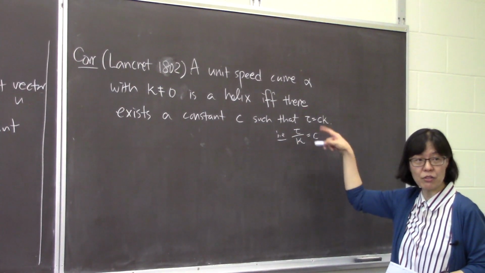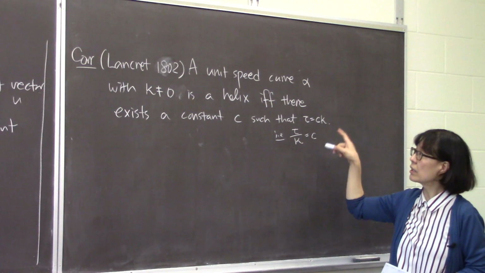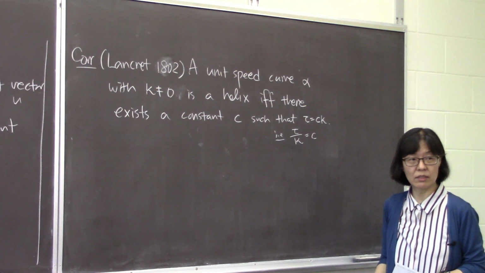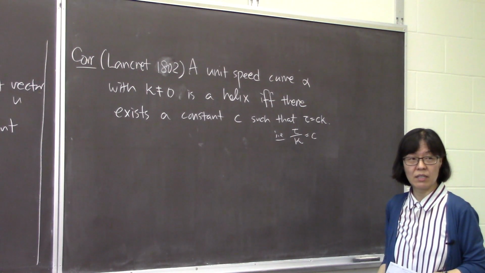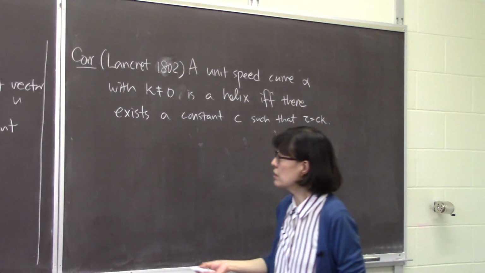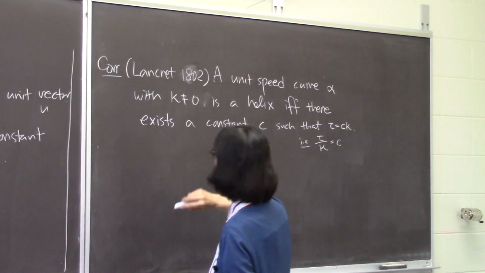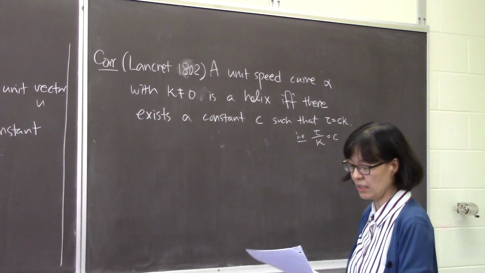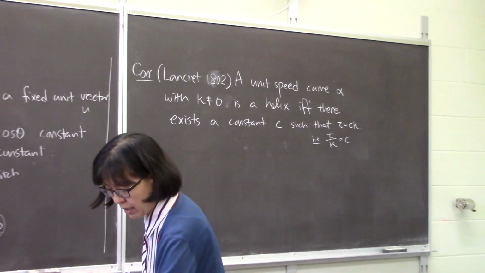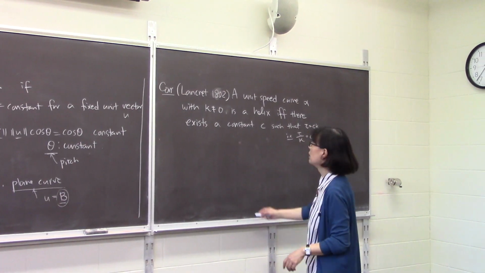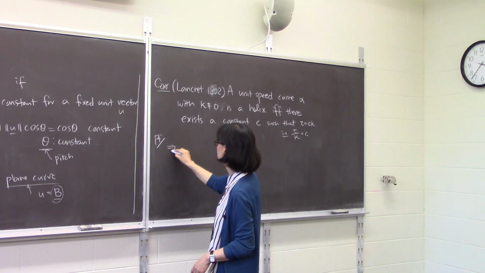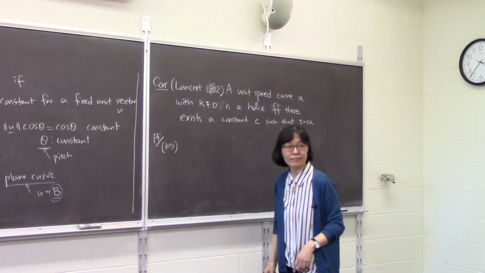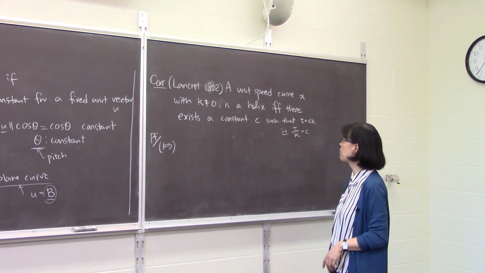If you have that special ratio, then the curve is a helix. So this is a very interesting fact. Okay, so let's see how it works. Let's see the proof.